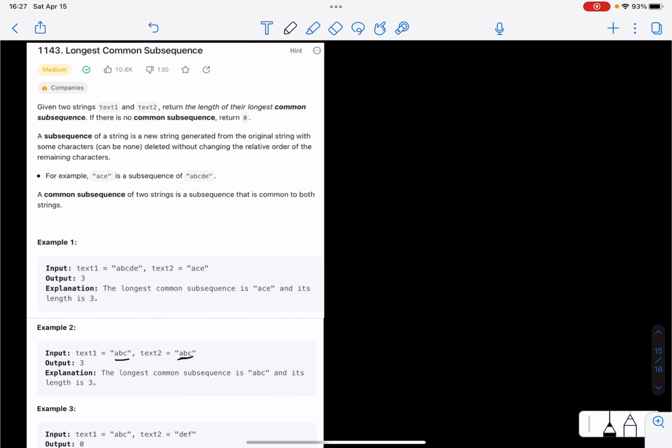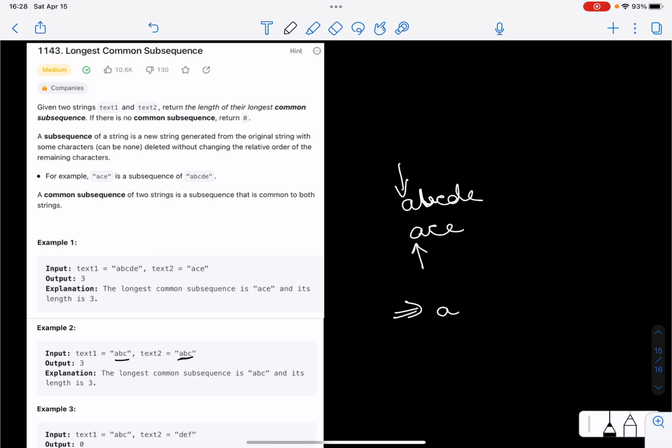So how would we essentially solve this question? So let's say we have A, B, C, D, E, and we have A, C, E. So let's start by using the first character. We see that the first character is equal, so it will be a part of the subsequence. So essentially we can say that, okay, A will be a part of the subsequence.